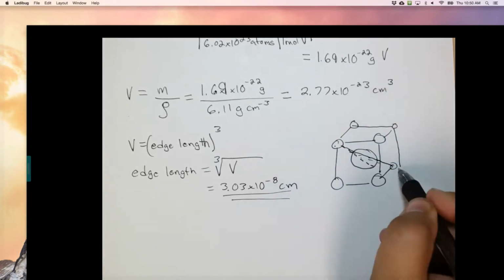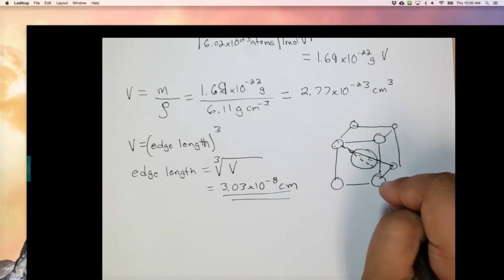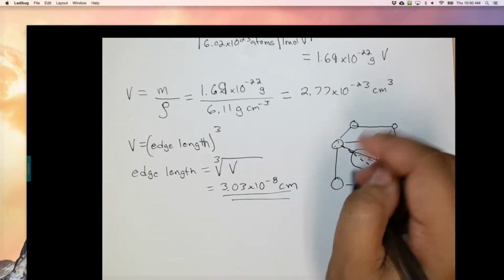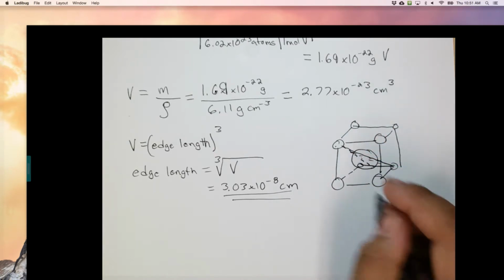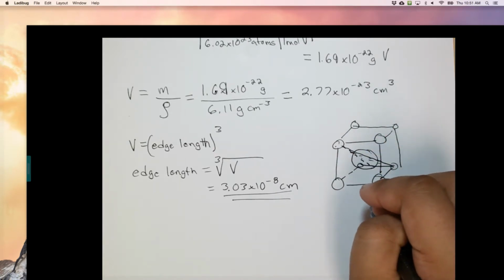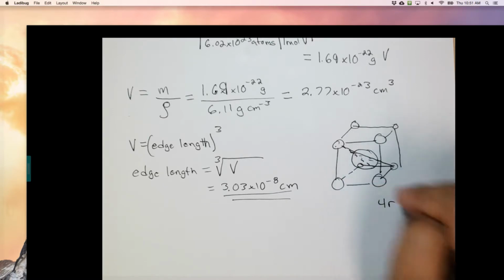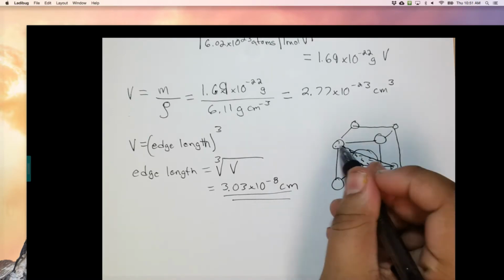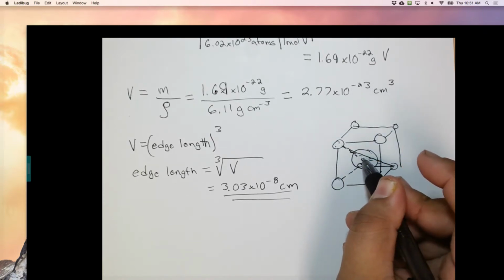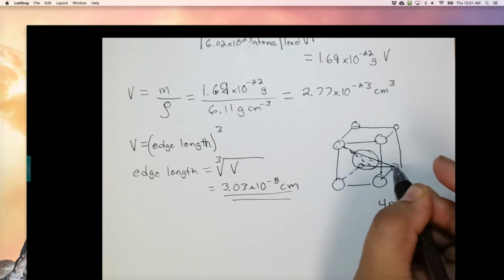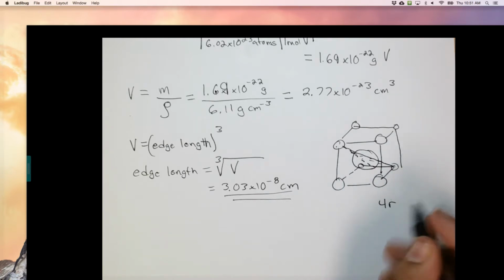That hypotenuse of the triangle that is formed within this cube is equal to 4r. It has to be, right? Because we have half of the sphere from this corner, the full sphere in the body, and half of the sphere from this corner. So 4r.